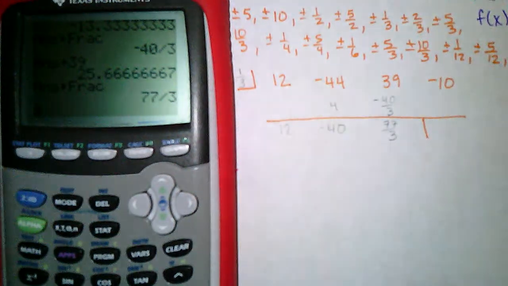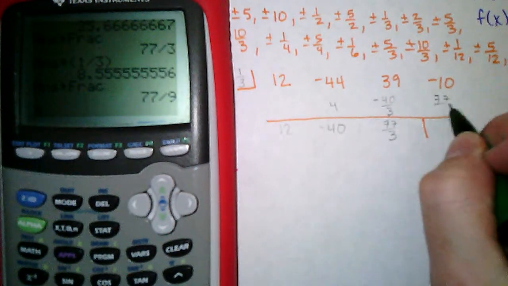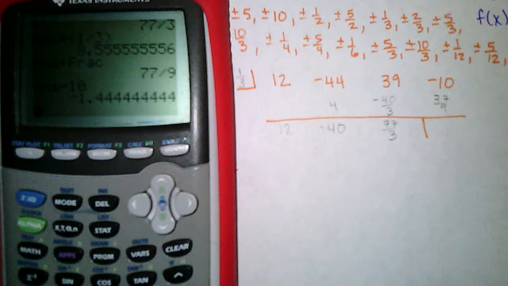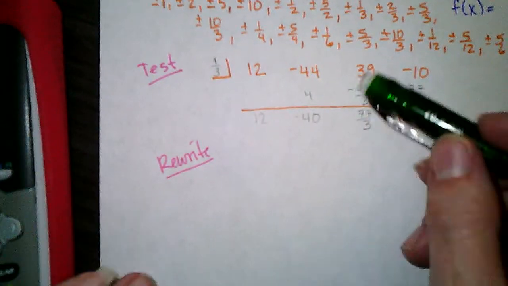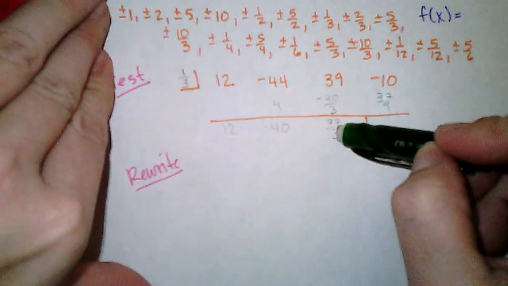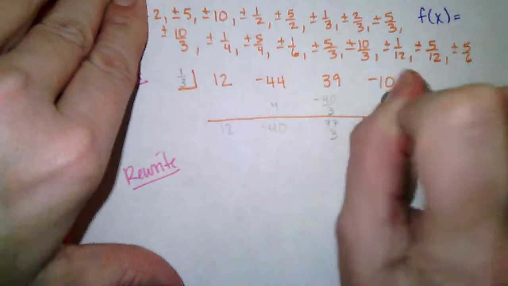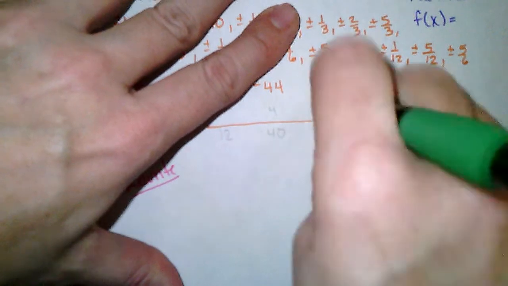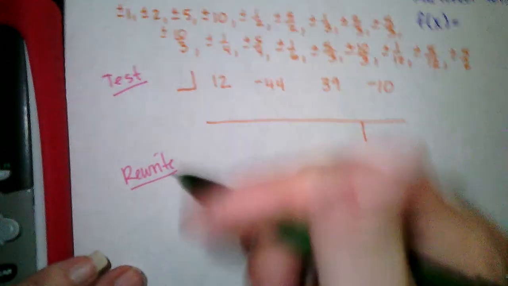And then we do that times 1/3, which is 77/9. And when we subtract 10, guess what? We don't get 0. So what you should be watching for is the first time you don't get a whole number here, you can essentially stop, because that's not going to work out to give you a remainder of 0. So let me show you what happens when you do get a remainder of 0, so you can see the difference between something that's not successful and something that is.